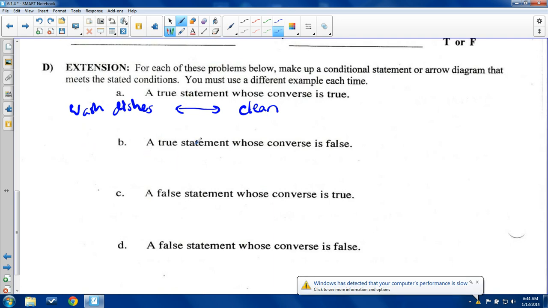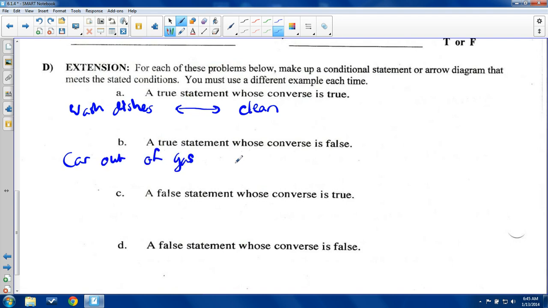A true statement whose converse is false. So something where this way it works, that way it doesn't. How about, or not always, right? How about something like, if your car's out of gas, then it won't run. Right?